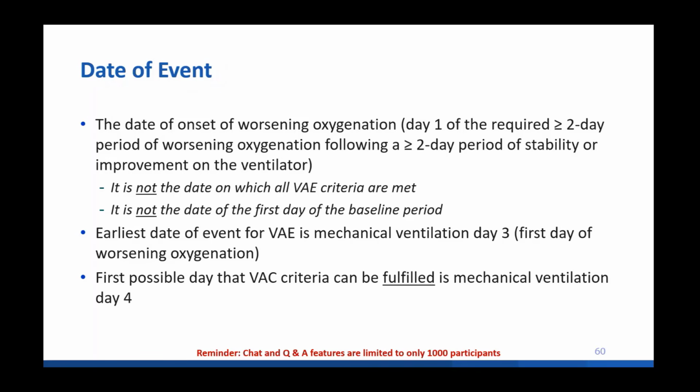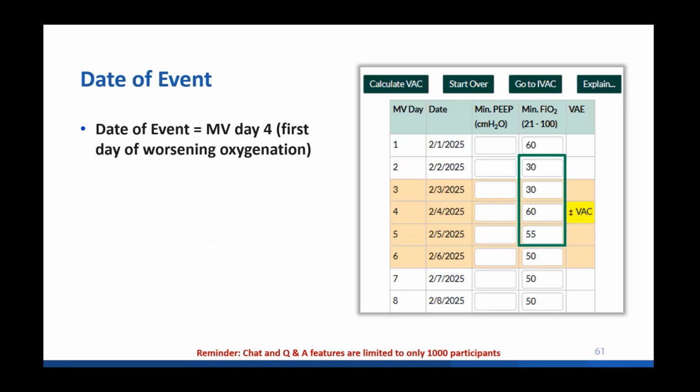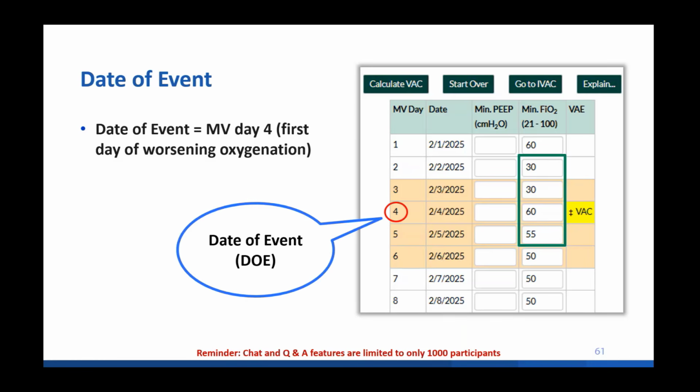The earliest date of event for VAE is mechanical ventilation day 3, so the first possible day that VAC criteria can be fulfilled is mechanical ventilation day 4. In this example, the VAE date of event is mechanical ventilation day 4, since that is the first day of worsening oxygenation maintained for 2 days following a 2-day baseline period of stability.